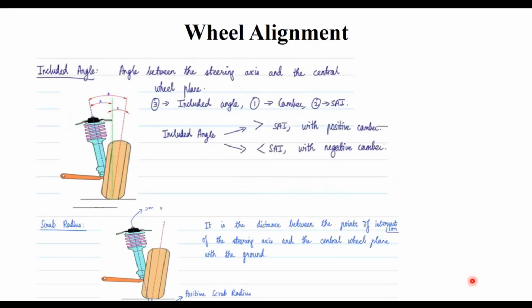So these wheel alignment parameters are very important as far as steering performance and the system is concerned. So this is all about wheel alignment.